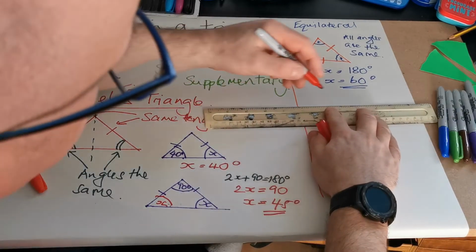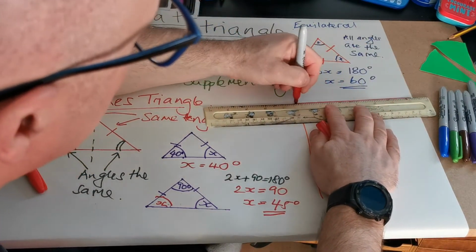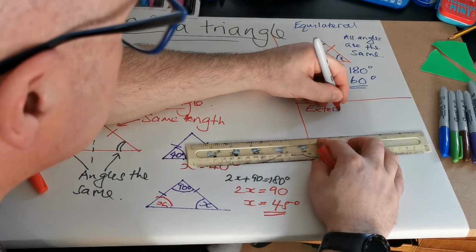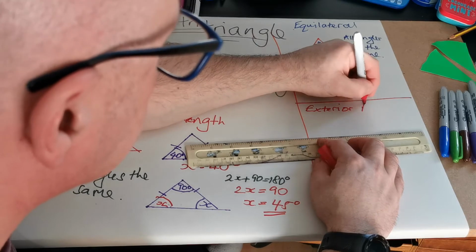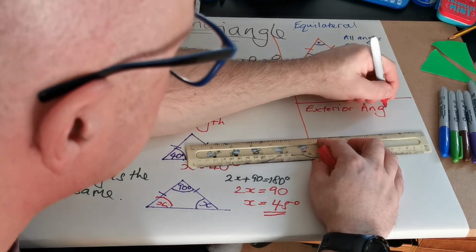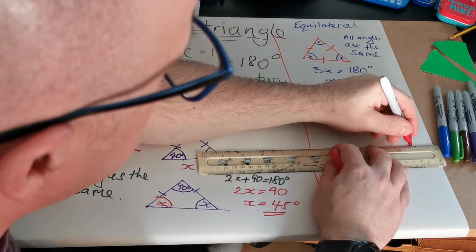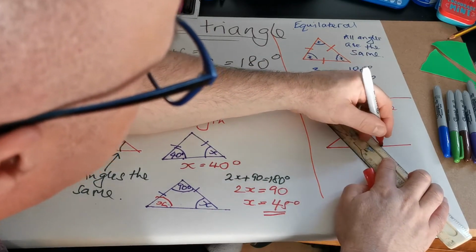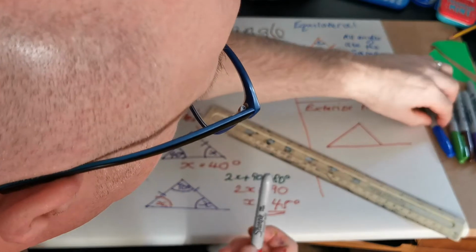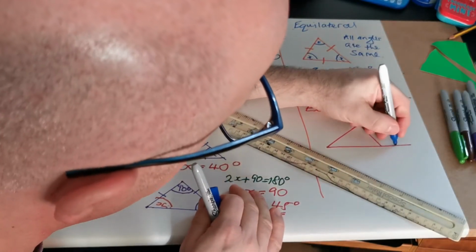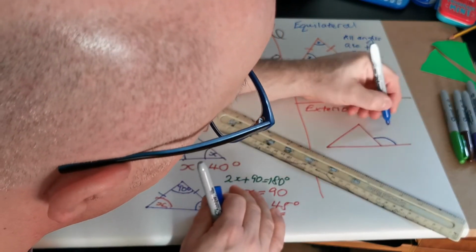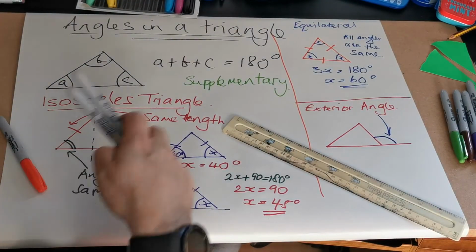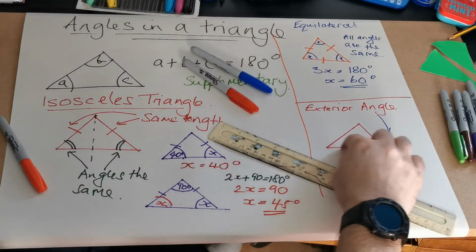Now the final thing I wanted to talk about was an exterior angle. Now if I was to draw a triangle like this, this here is the exterior angle. Because it's outside the triangle, exterior. And it always makes that lovely straight line like that.